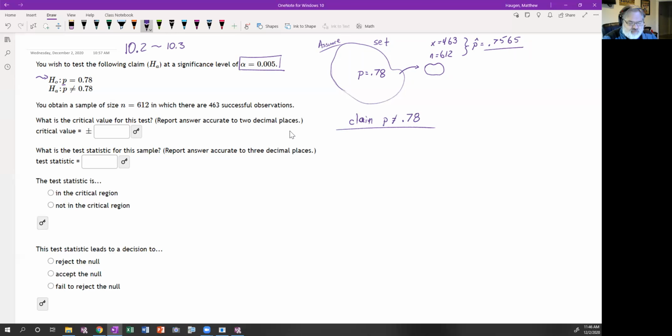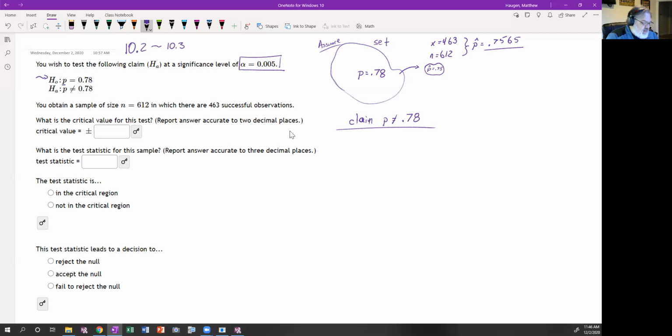Because you don't expect your sample to be exactly equal to the population. You allow it to be a little bit different. But is 75.65% so unlikely that it makes that assumption look flawed? That's the idea here. Is that all fair and good?